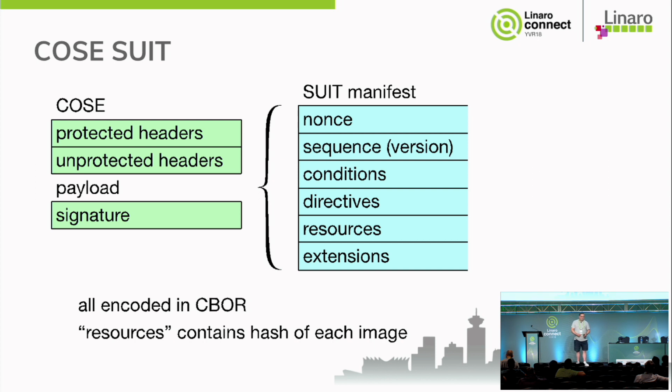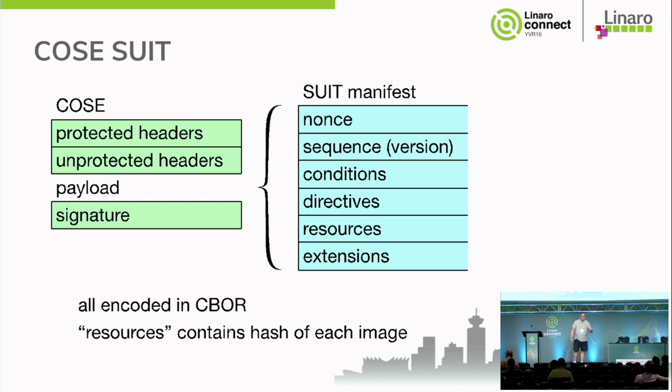So the idea is everything they decided is going to be encoded in CBOR, which is kind of like tag length value, except some of the tags can be nested structures, so it defines hierarchical data. Think of it as a binary JSON encoding or something like MessagePack, but it doesn't require as much code to parse.